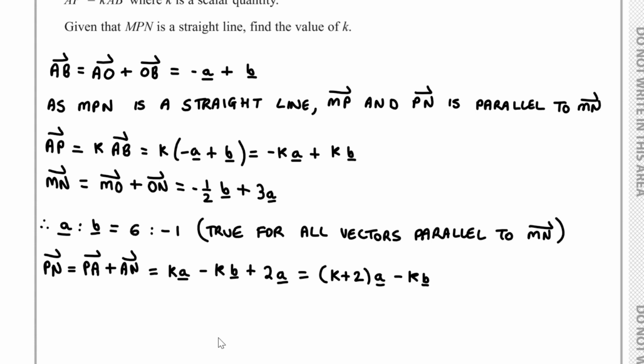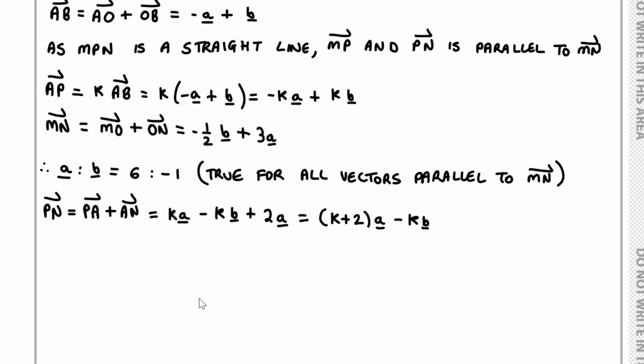So how does this help us? Well, if we use that ratio, then what we can see here is we've got the ratio of a to b, that's equal to 6 to minus 1.